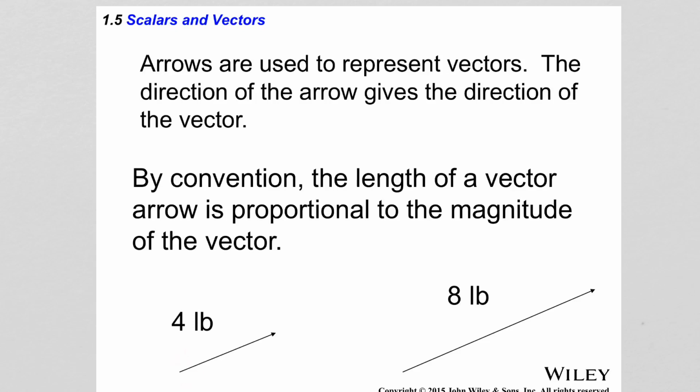So we have a straight line with magnitude equal to the magnitude of the vector quantity, and an arrow that points in the direction of the vector quantity. Here we have an 8-pound force, which is another straight line. It has twice the length of this first straight line, and an arrow that points in that direction.